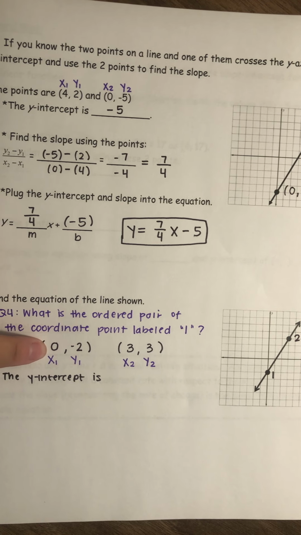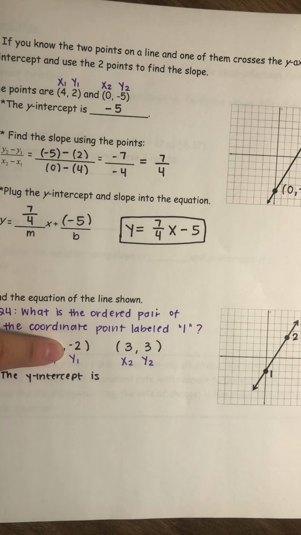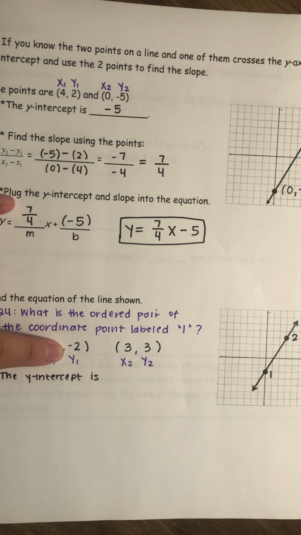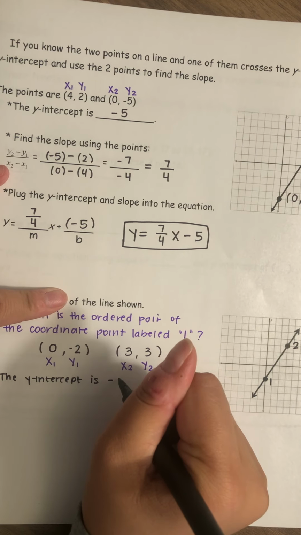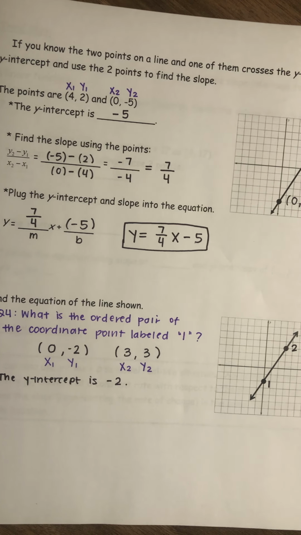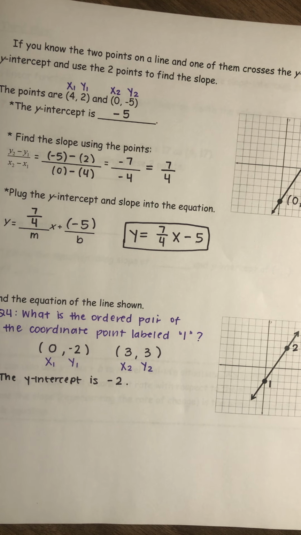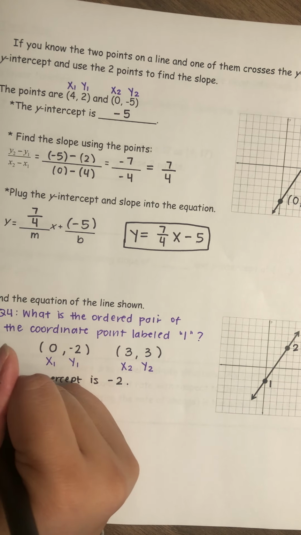So we have a 0 as an x value, and our y value is -2, telling us that the y-intercept is actually -2. Okay? So now we know our y-intercept.